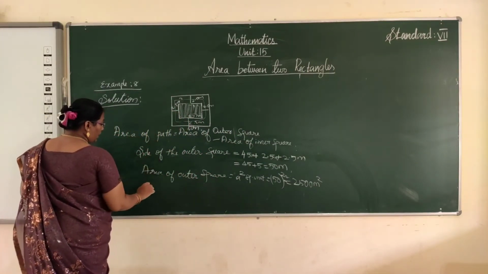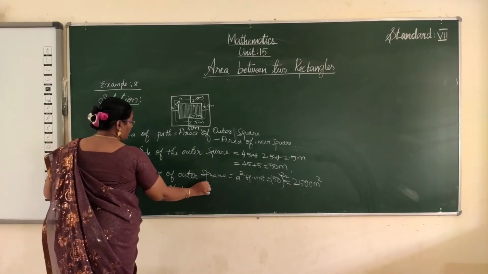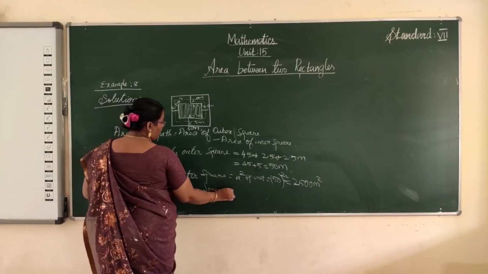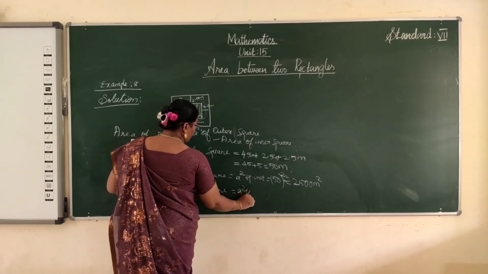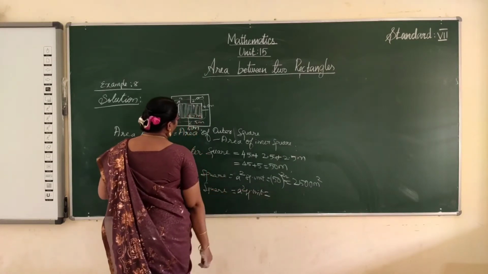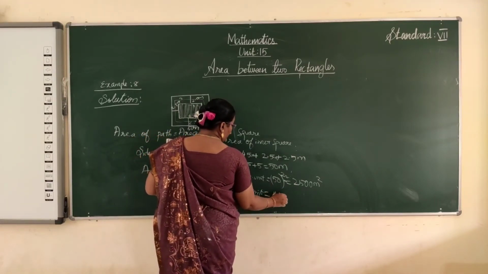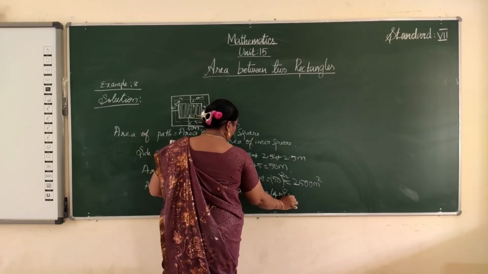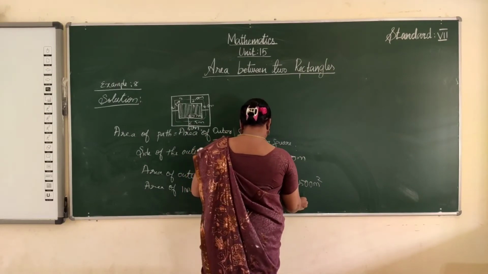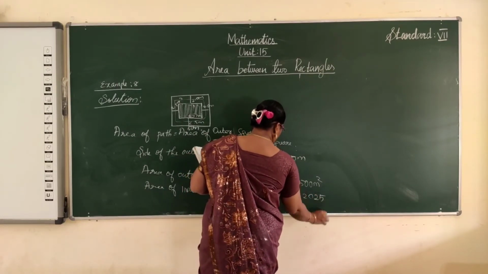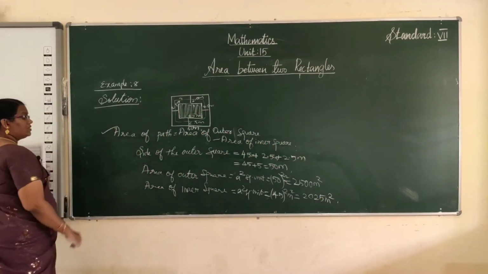Now we find the area of the inner square. The side value is 45, so a square is 45 square, which is 2025 meter square.